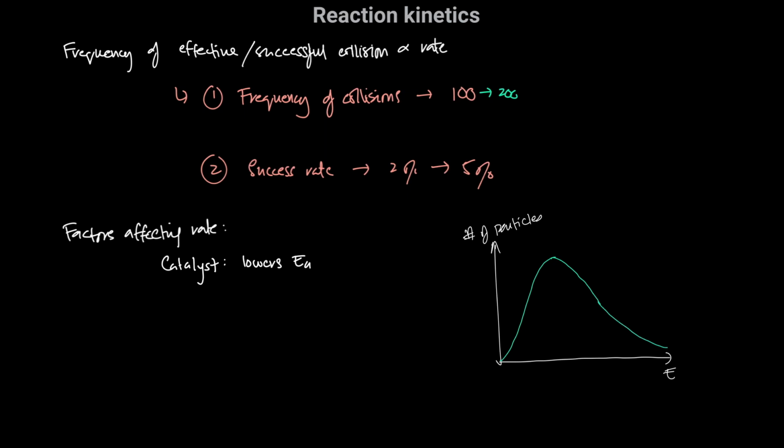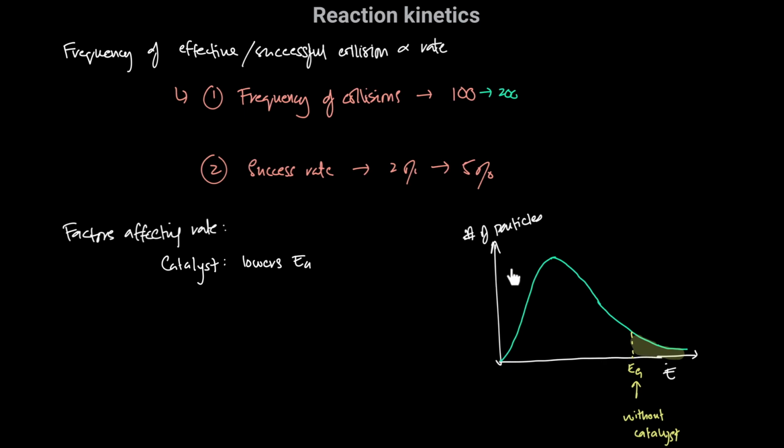And this is the activation energy right here. Let's say that this is the activation energy without the catalyst. Now if a catalyst is absent, this area over here represents the total number of molecules that will react in the absence of that catalyst.